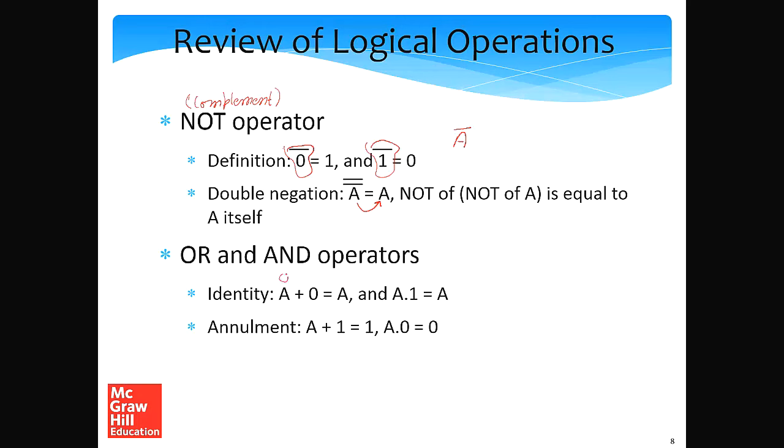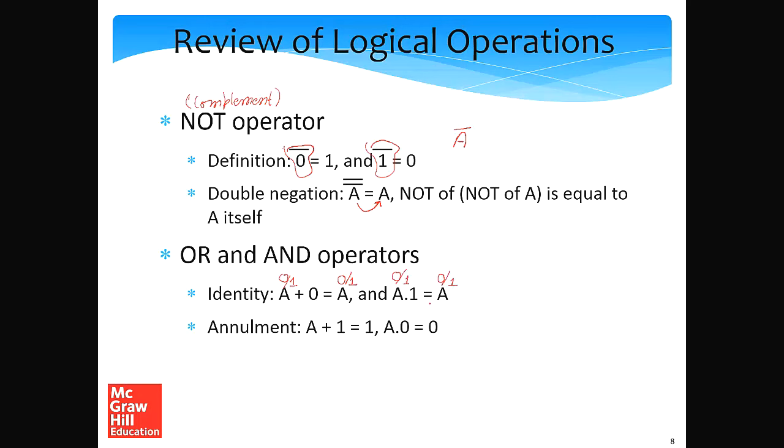If A is 0, then the output here is 0. If A is 1, then the output here is 1. Similarly, we can verify the same property for the AND operator with 1. If A is 0, 0 AND 1 is 0. If A is 1, 1 AND 1 is 1.